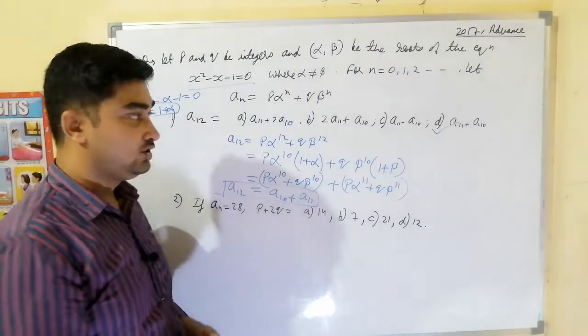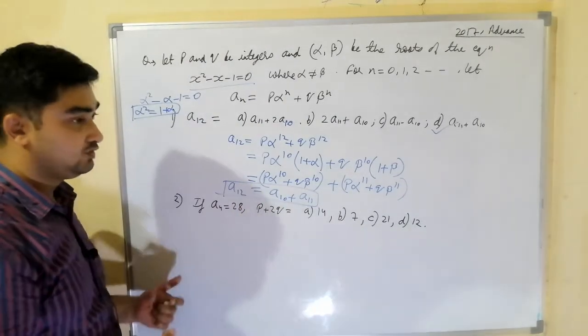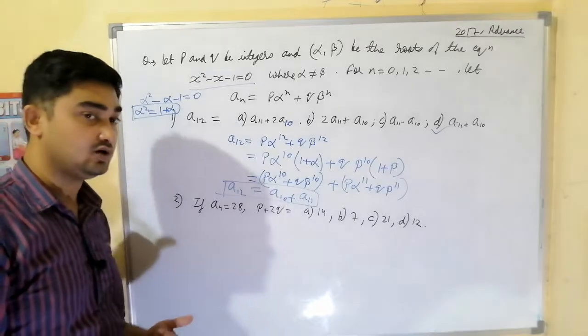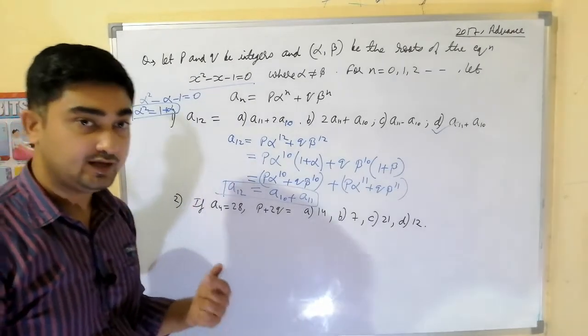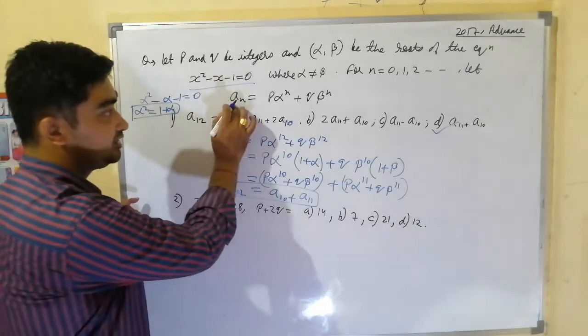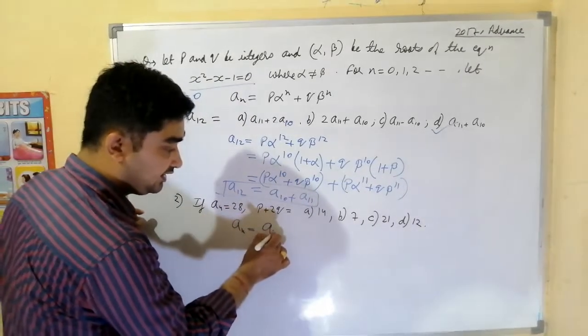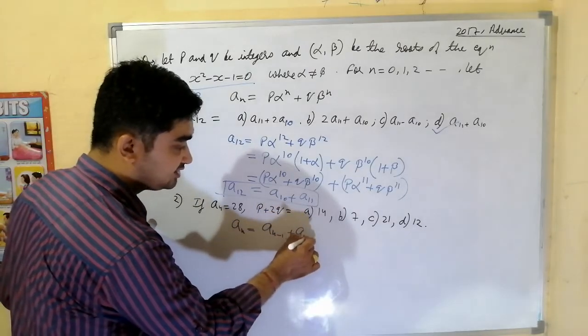If it is true for a12, for every integer it will be true. Like a2 will become a1 plus a0, a3 will become a2 plus a1. So in general we can write an will become an minus 1 plus an minus 2.